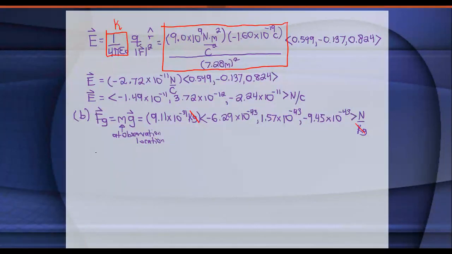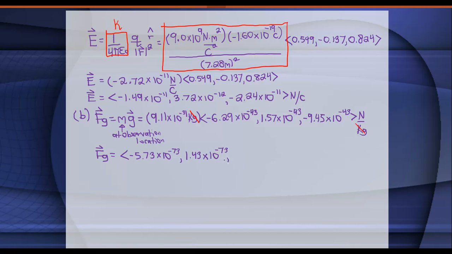So our gravitational force, Fg, would then be equal to negative 5.73 times 10 to the negative 73, 1.43 times 10 to the negative 73.